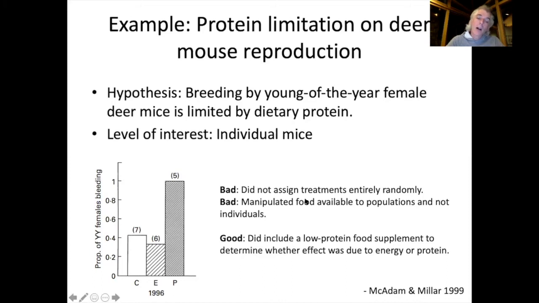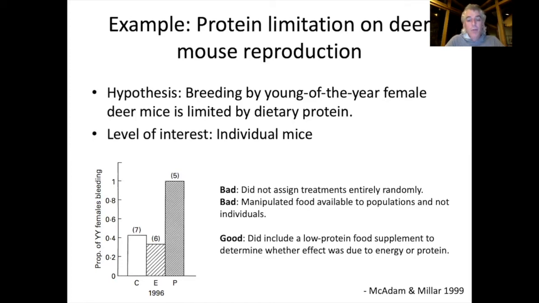And so I wasn't able to randomly assign treatments to populations because I couldn't manipulate these long-term control populations. Okay, so this experimental design was not ideal because I didn't assign my treatments randomly.